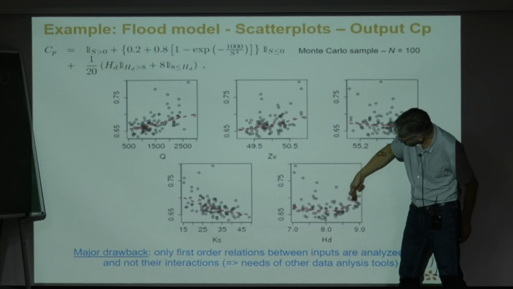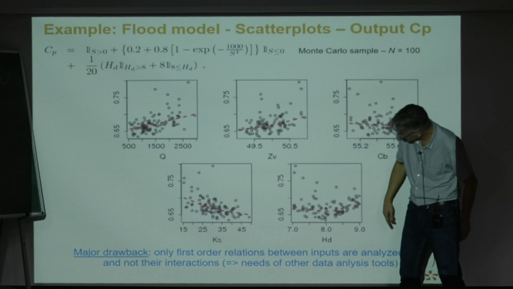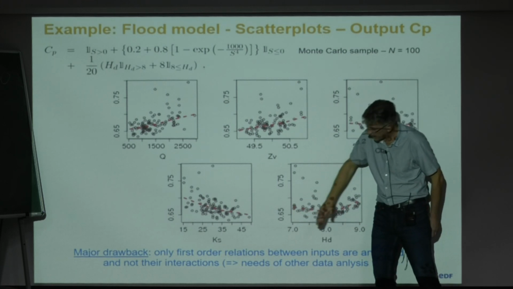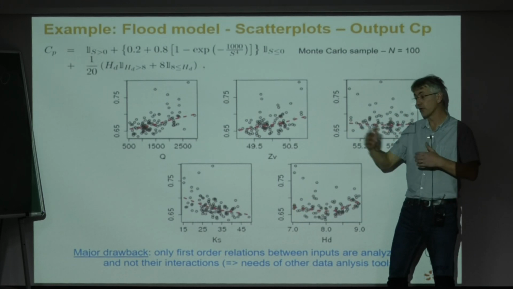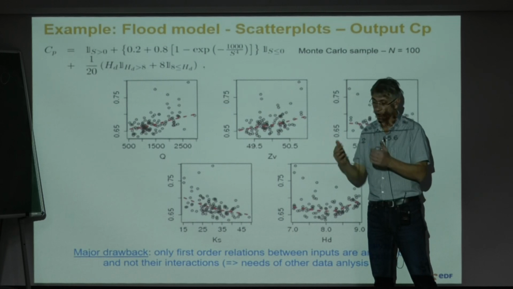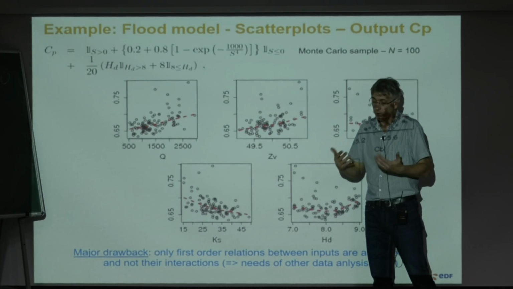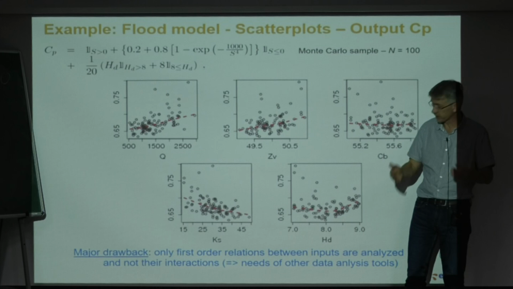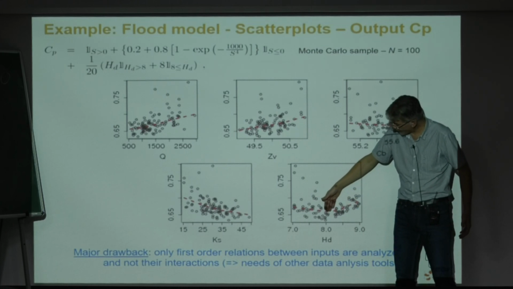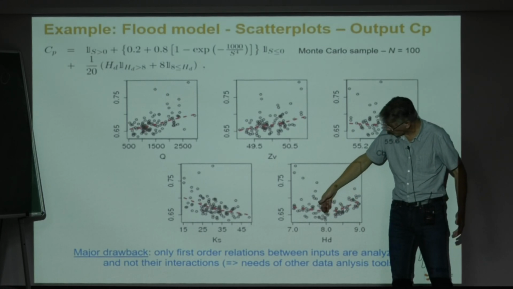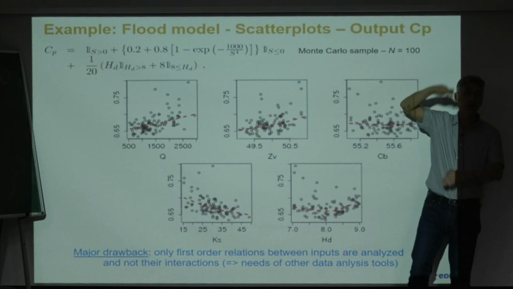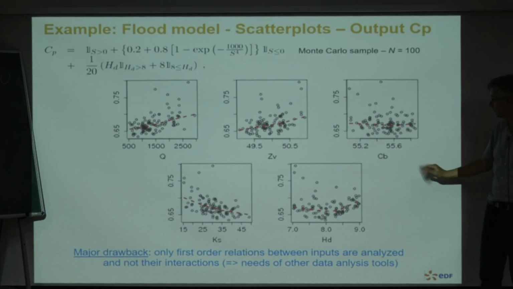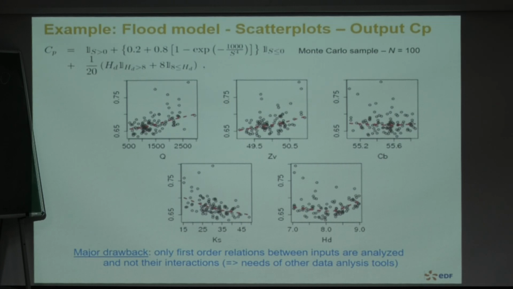In fact, I want to illustrate that you can have a non-monotonic structure. When the height of the dike increases, the cost of potential flooding decreases, but you also have the cost of building the dike. So at one point, the cost increases because of the dike you have to build. Very simple example, but we can illustrate things like this.